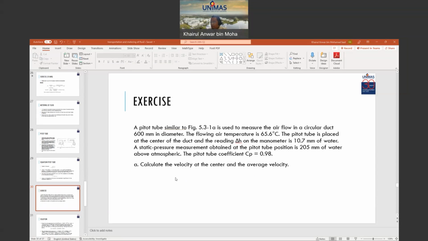The pitot tube is placed at the center of the duct and the reading delta H on the manometer is 10.7 mm of water. A static pressure measurement at the pitot tube tension is 205 millimeters of water above atmospheric. The pitot tube coefficient Cp is equal to 0.98. Calculate the velocity at the center and the average velocity.